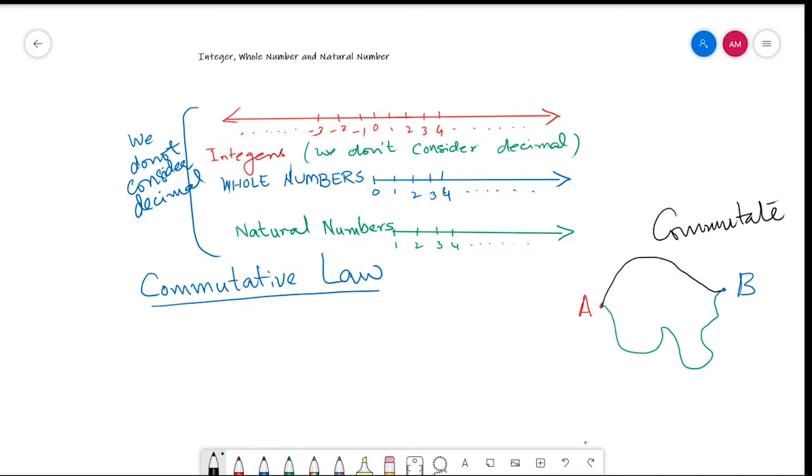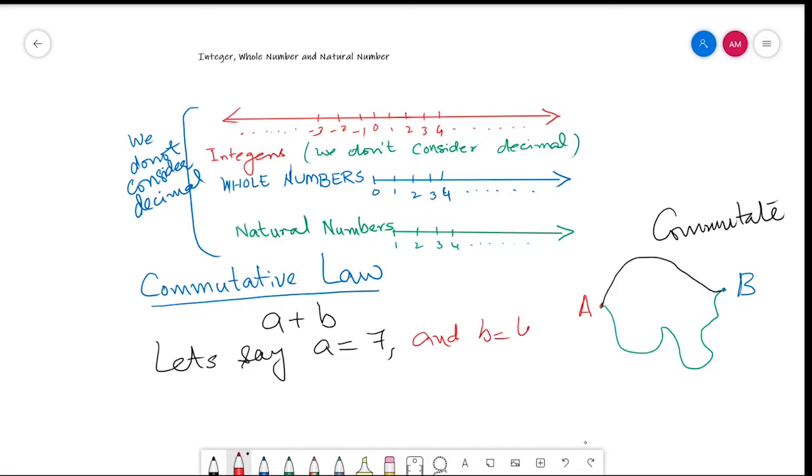So from this point, we can see what the commutative law is. Let's say A is a number, 7, and B is another number, 4.